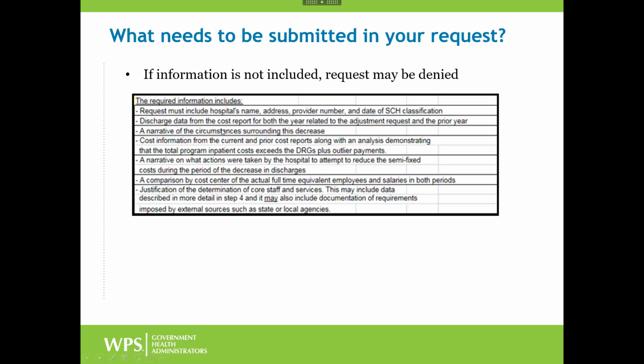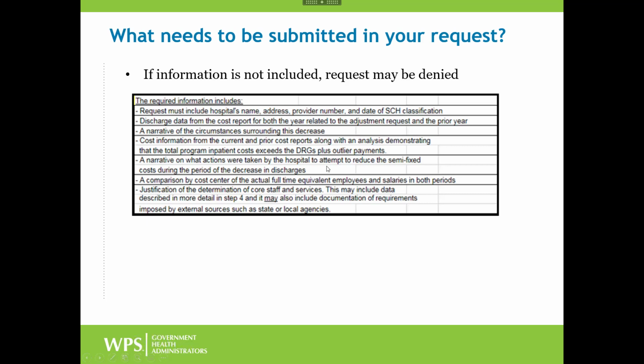We need a narrative of the circumstances surrounding this decrease and how they were beyond your control. We'll need the cost information from both the current and prior cost reports, along with an analysis demonstrating that those total program inpatient costs do indeed exceed the DRGs plus the outlier payments.